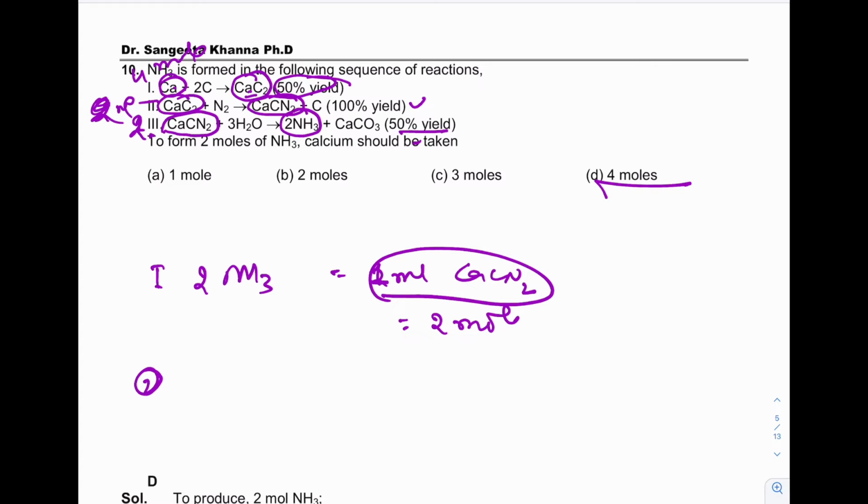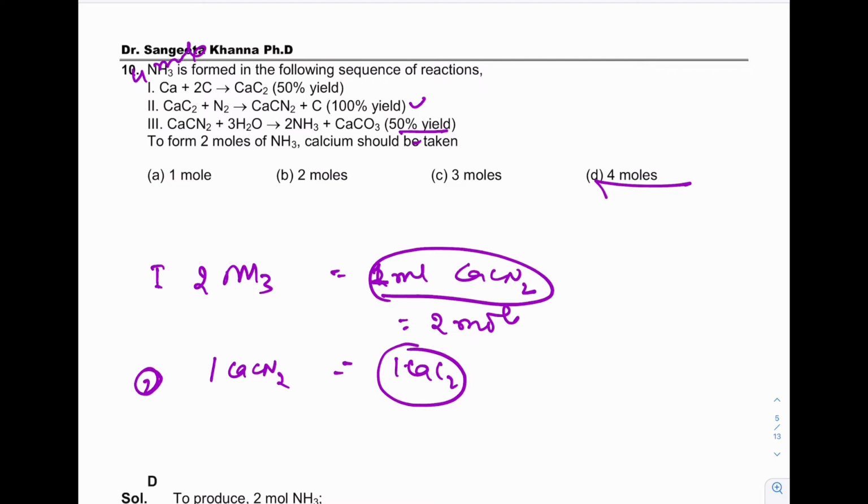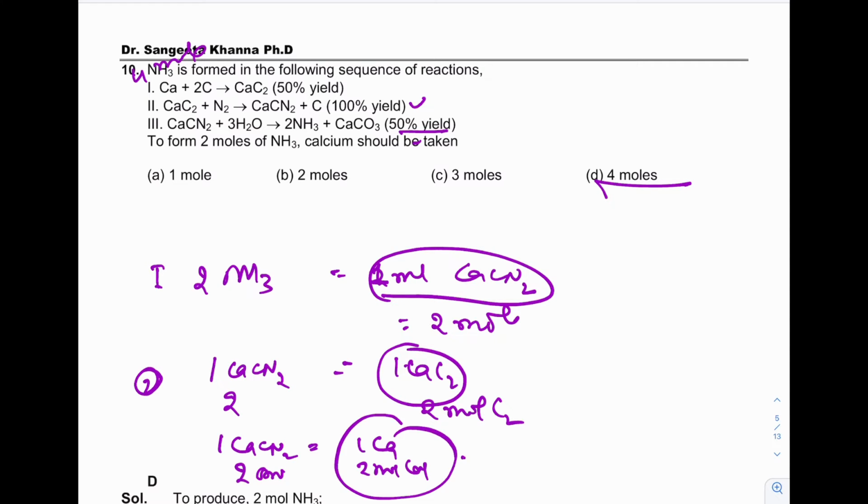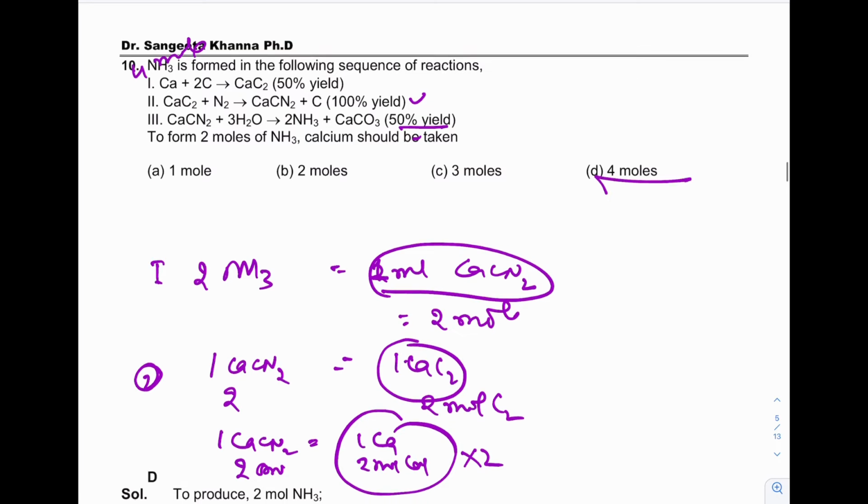Then from the second equation, 1 mole calcium cyanamide require 1 mole calcium carbide, and yield is 100%. So for 2 mole calcium carbide will be required. And according to first, 1 calcium cyanamide require 1 calcium. Then 2 mole require 2 mole calcium. But if yield is 50%, then double will be required.